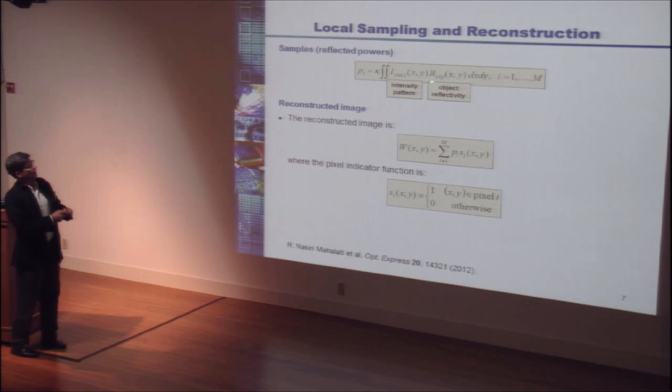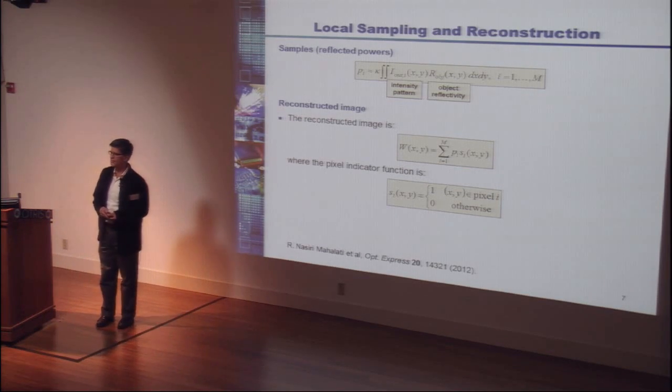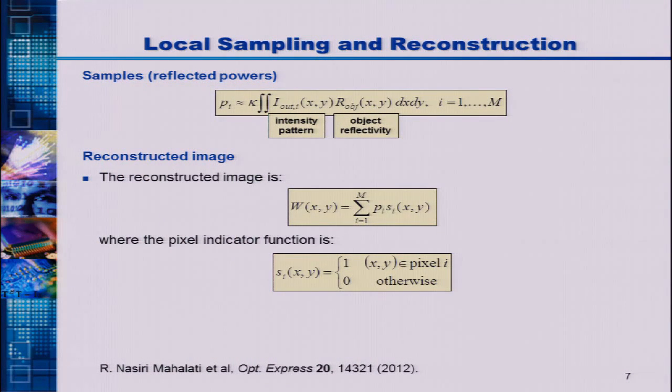And then this R of x and y is the reflectivity of the object, and I of x and y is the intensity pattern. So if you shine the intensity pattern on the object and integrate over the object, the power you collect is called P_i. And so what you do is you display the M intensity patterns, and you record the M values of the power, and you reconstruct an image.